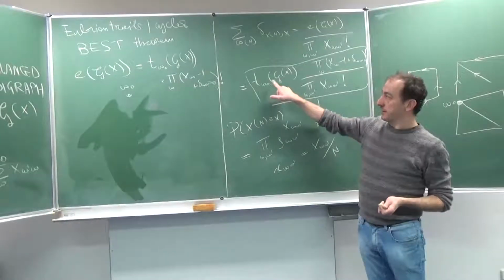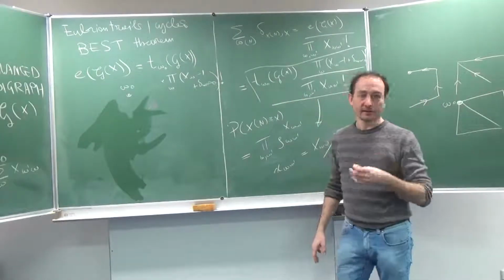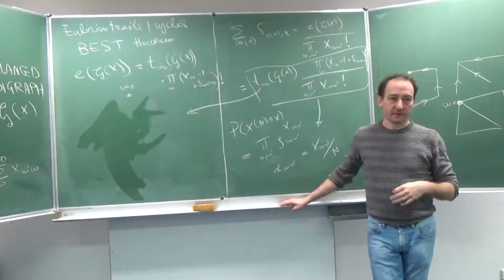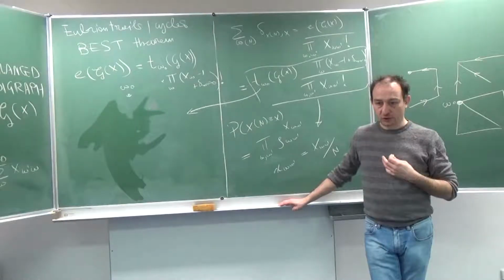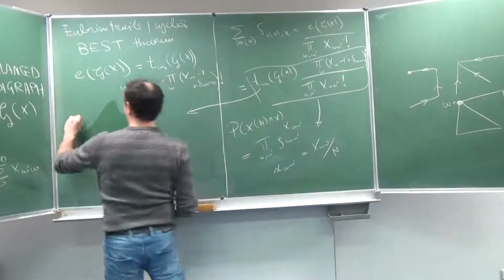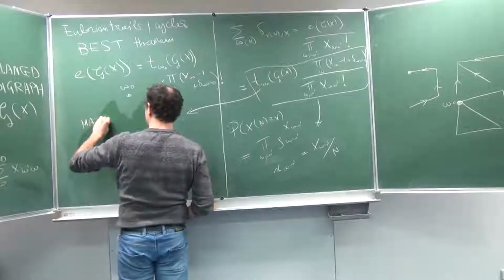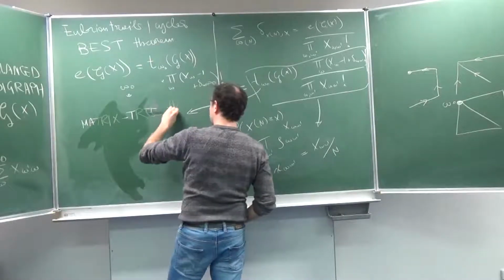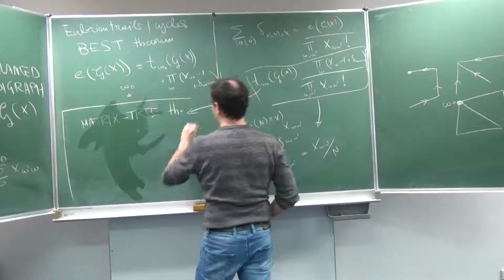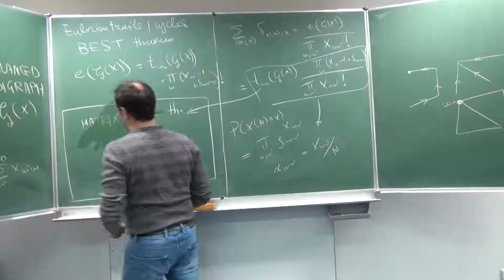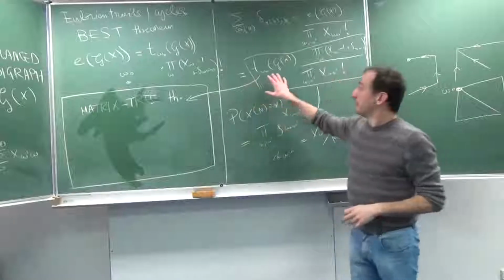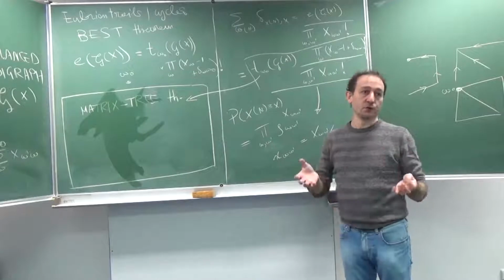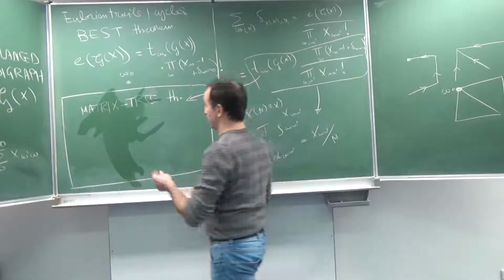The answer is yes, and it comes from another theorem in graph theory, another very nice result, called the matrix tree theorem, which states that you can compute the number of spanning trees of a graph by taking the determinant of a suitable matrix. The matrix is this one.